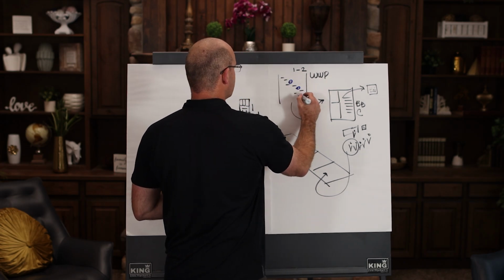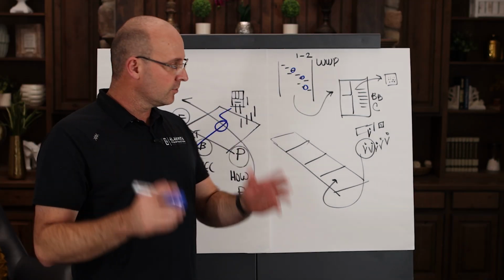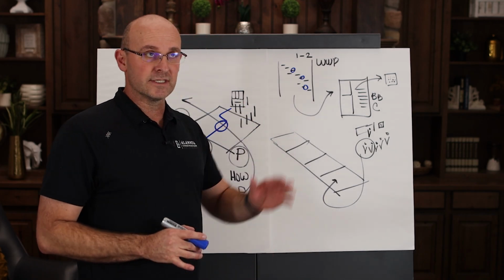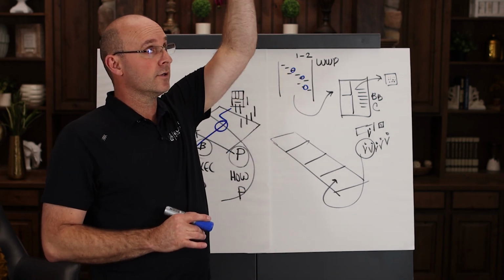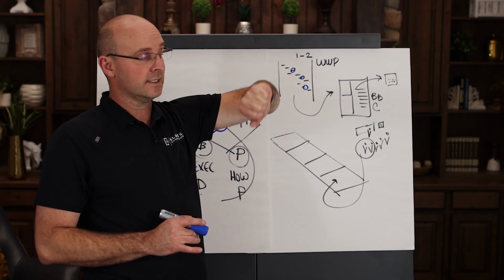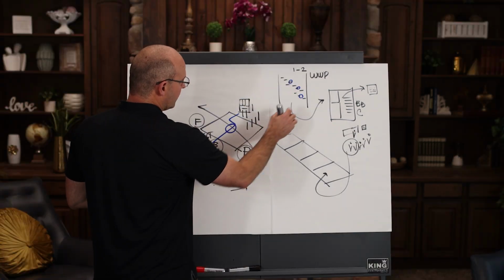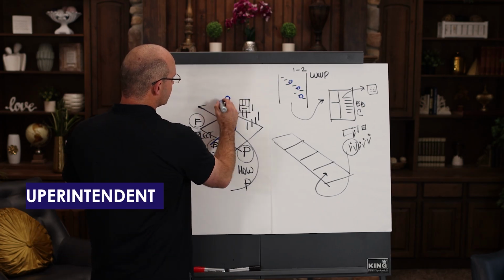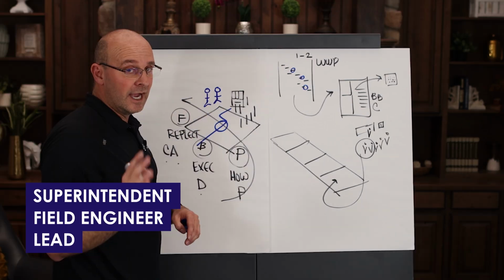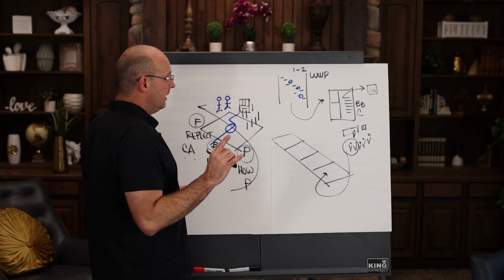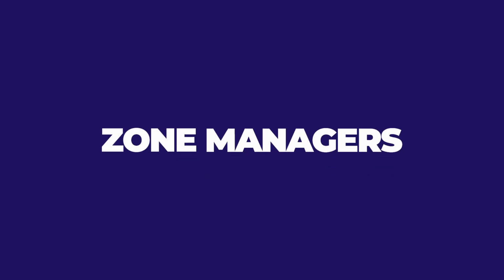Because these handoffs are marked in the weekly work plan, the zone control walks that happen on a daily basis between the morning worker huddle and the crew preparation huddle, and then the team daily huddle, what will happen is you will go to these handoff areas and you will have a conversation between the superintendent, field engineer, or lead. Actually, the person who invented this, his name is Gray Richards, and he called them zone managers, but it can be any position in your field team.